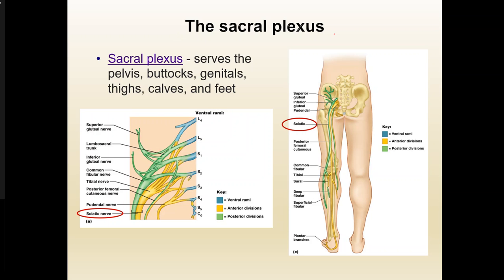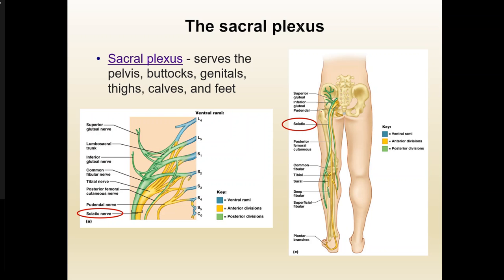The sacral plexus contains the sciatic nerve, which is actually the longest nerve in your body. It's shown here how it goes all the way from basically the sacrum to the tip of your toe.